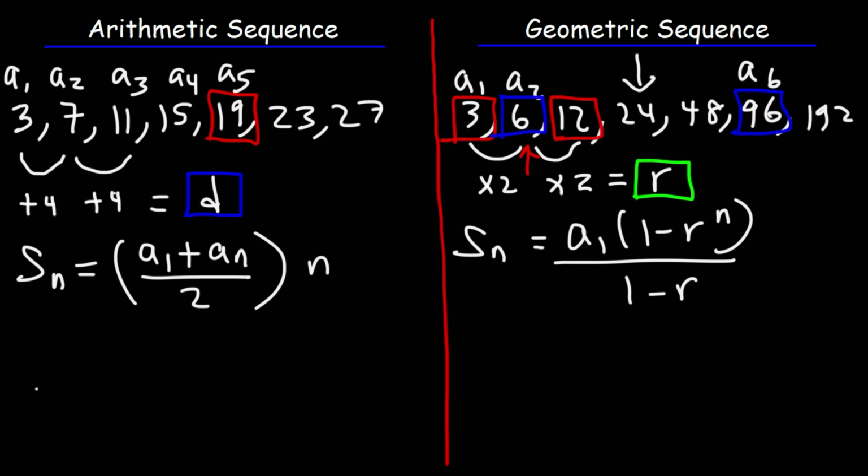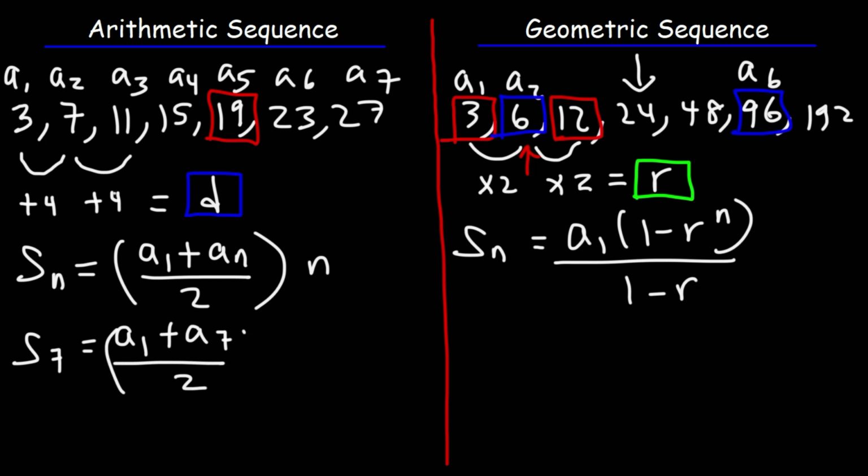So let's find the sum of the first 7 terms in this sequence. So that's going to be s sub 7. That's going to equal the first term plus the 7th term divided by 2 times n, where n is the number of terms, which is 7. Now think about what this means.